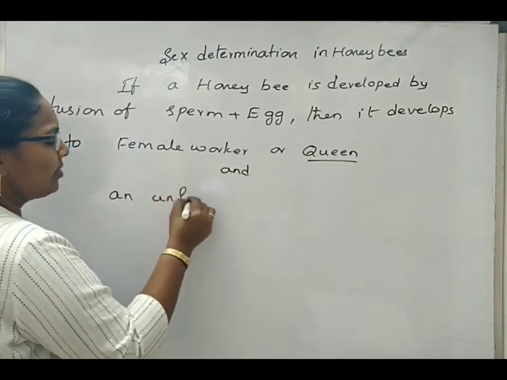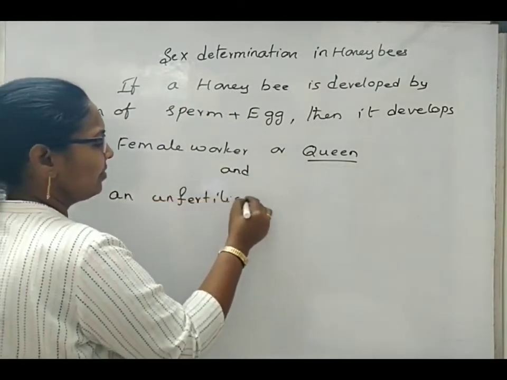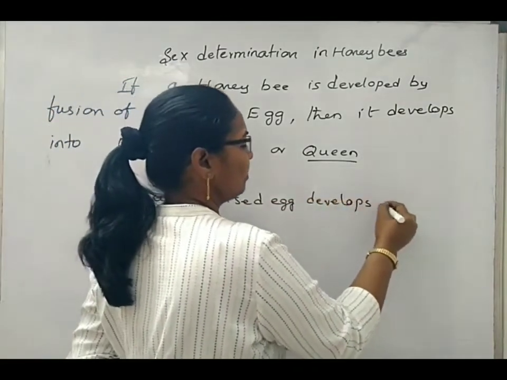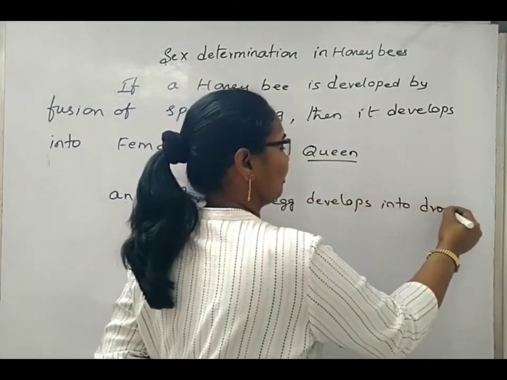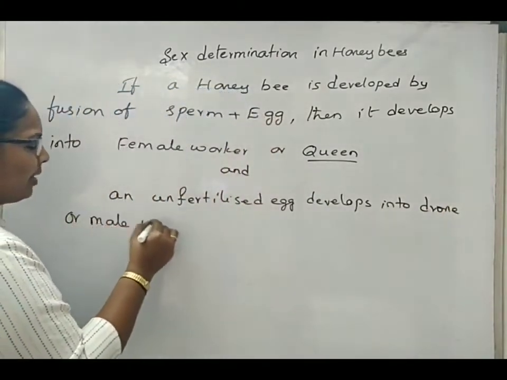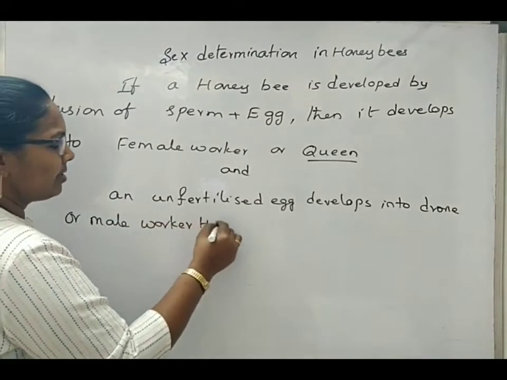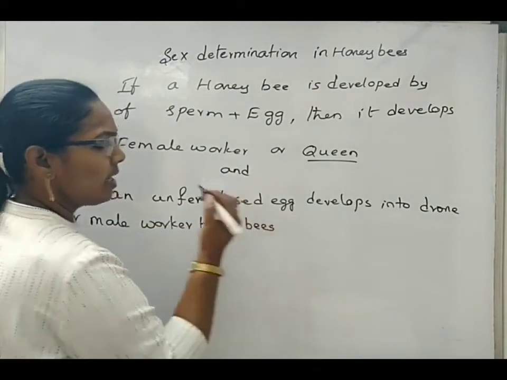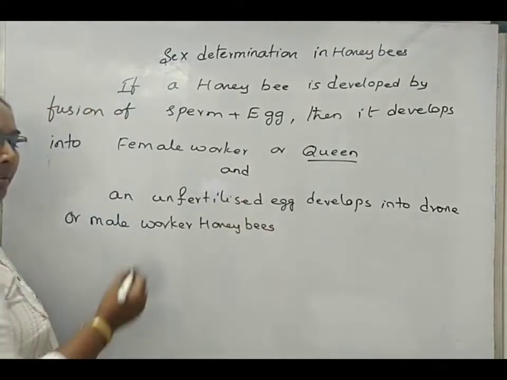An unfertilized egg develops into drones or male honeybees, male worker honeybees. These are considered to be sterile.